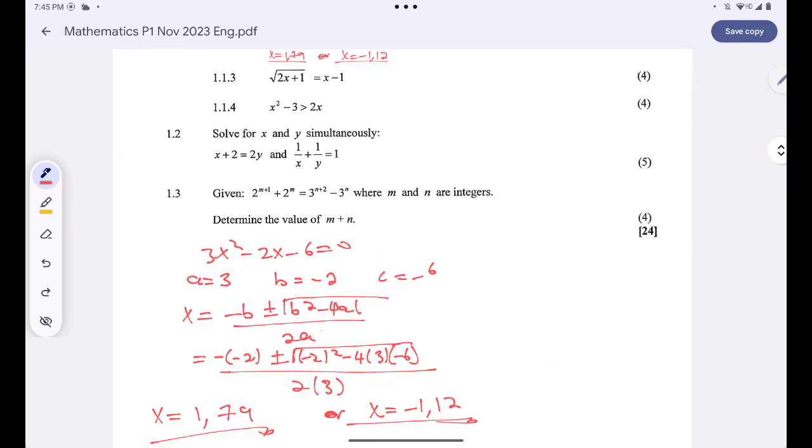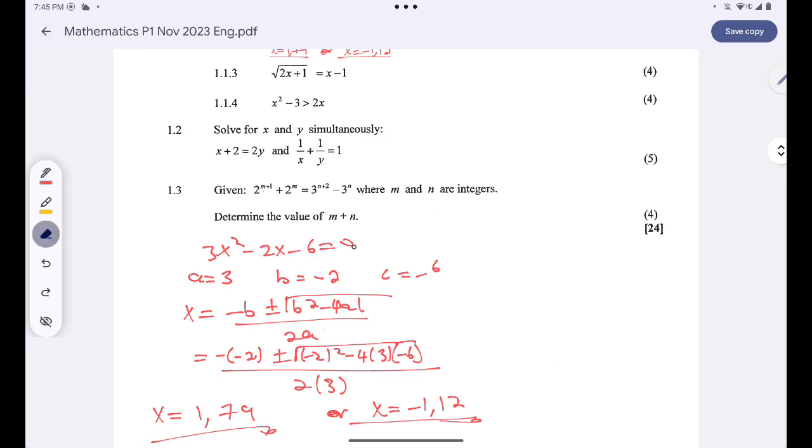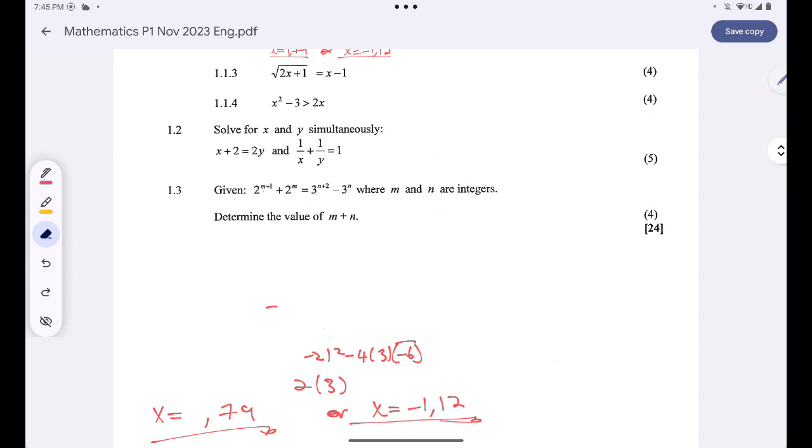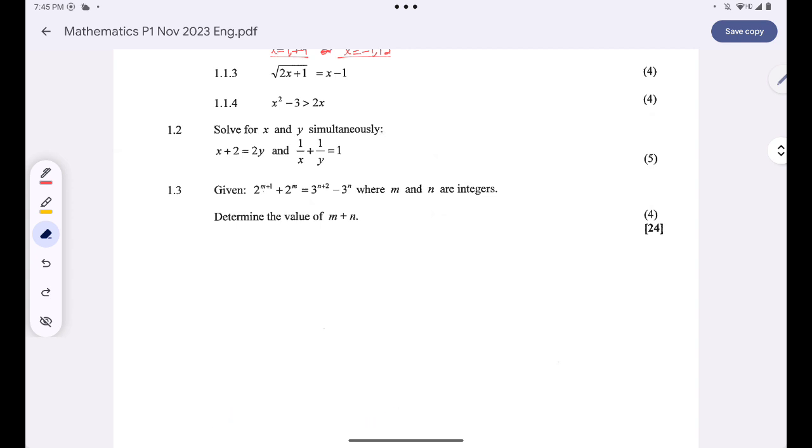Okay, now we have sets, no? Supposed to solve x and you have sets. The first thing you need to do is to remove your sets. But before we proceed, you must write down your restriction, right? Whenever I have the square root of a equal to b, né? The value of b should always be a number which is positive.